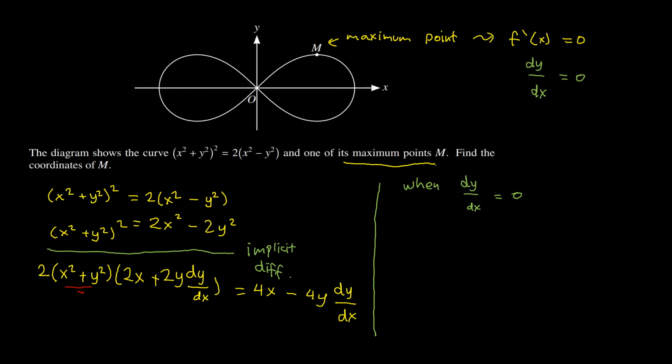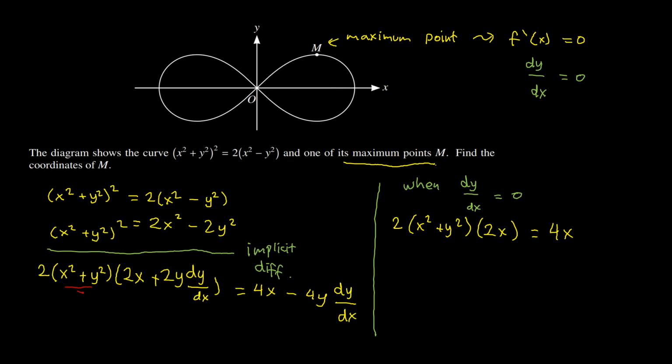So we get this one. So we'll have 2 multiplied by (x squared plus y squared) multiplied by 2x. So this will be 0, 2y dy dx. So I only get 2x here. And then for the right hand side, this one will equal to 0, and this one is still 4x. So I only have 4x.